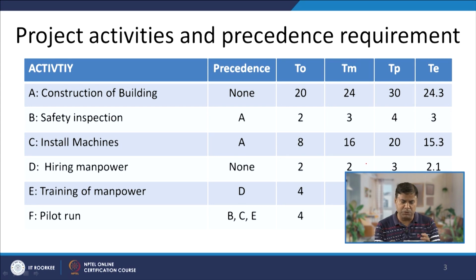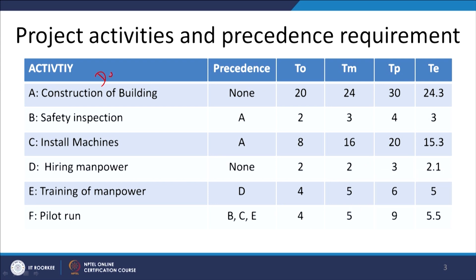Considering the example I talked about, in a more systematic presentation, for development of a hotel it is required to perform these 6 activities: construction of building, where there is no precedence requirement, with optimistic, most likely, and pessimistic time values here; and another activity, safety inspection, which has the precedence requirement of A, with its optimistic, most likely and pessimistic time values.